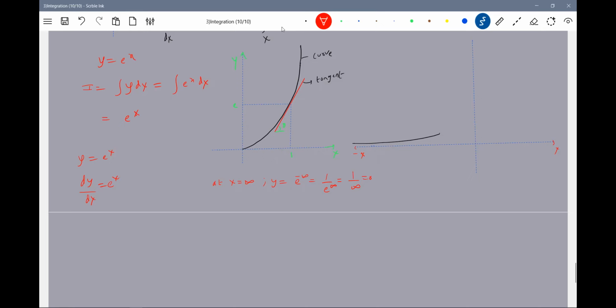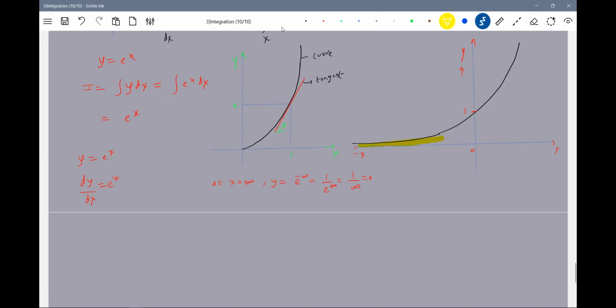Then at x equal to 0, y will be 1. So the curve will start increasing exponentially. This is the value y equal to 1 at x equal to 0. Then afterwards, it will increase exponentially. Now, the integral of e to the power of x dx is equal to e to the power of x only, meaning the area under this curve.